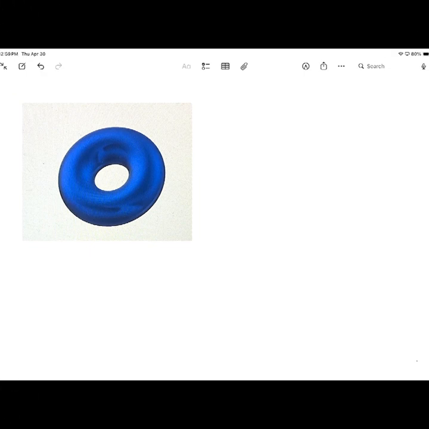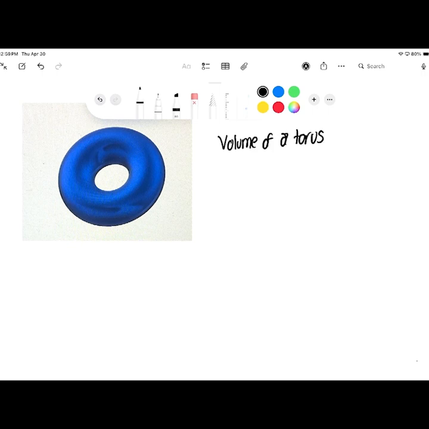So now we're going to be calculating the volume of a torus. So that is basically this donut right here.